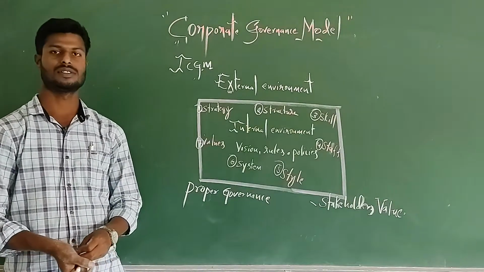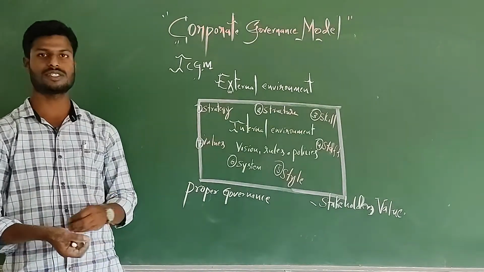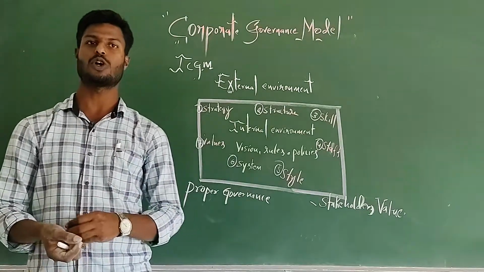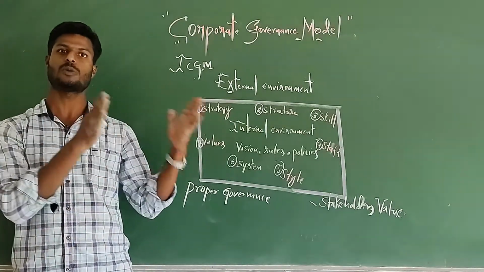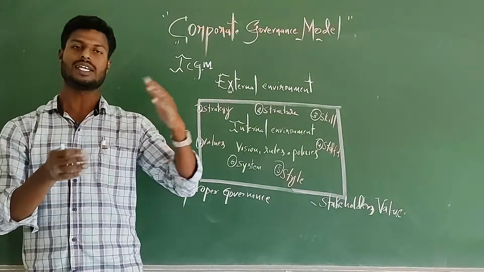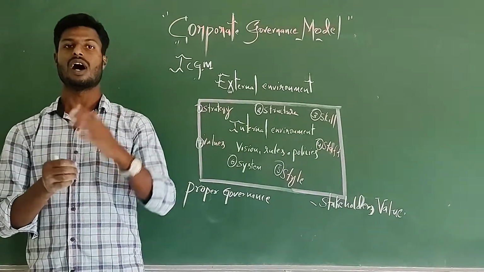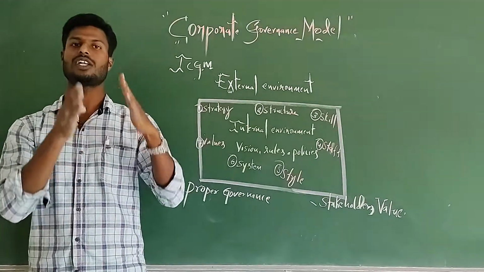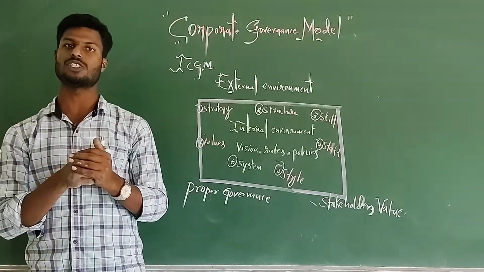My dear students, in previous class we have discussed the meaning of corporate governance and the importance of corporate governance. Here corporate means the legal entity or the incorporated business organization, a separate legal entity, totally different and unique from some other forms of business organizations.